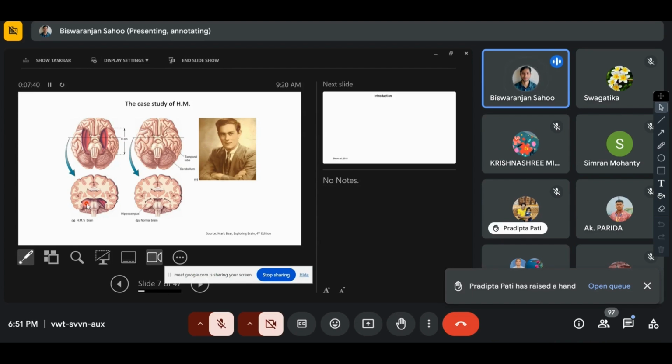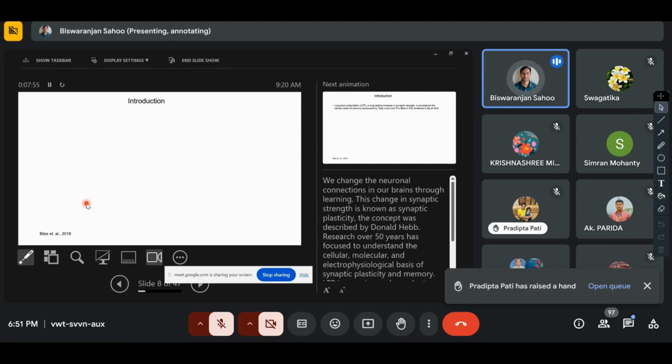He couldn't form new memory, and the last 1 or 2 years before the injury he also forgot. But the childhood memory was intact, the skill memory was intact. So that means different memories are formed in different brain areas.